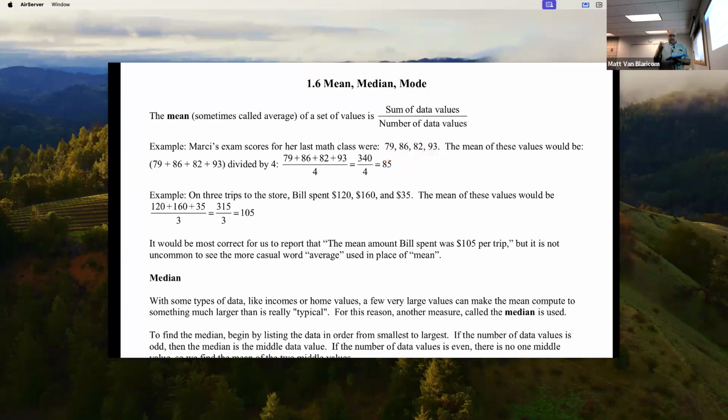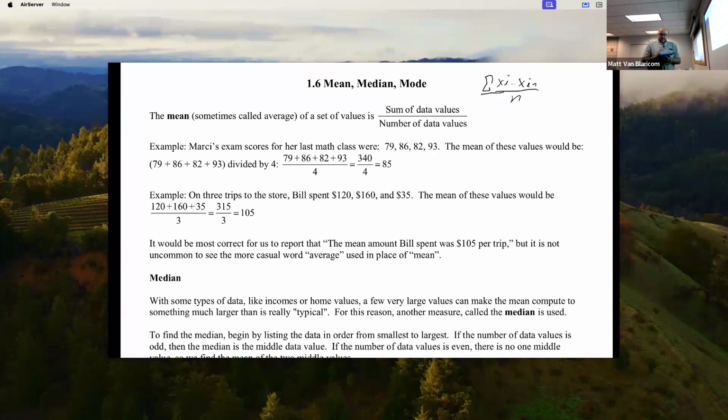So the number n is equal to 4 for this. And so what I do is the sum of xi over n, or the sum of the individual parts divided by the number of data points.